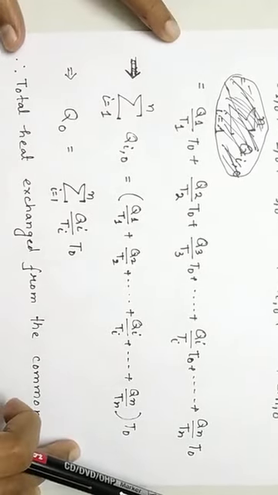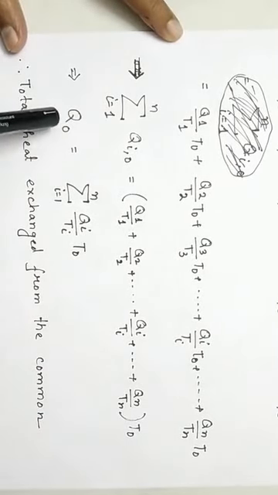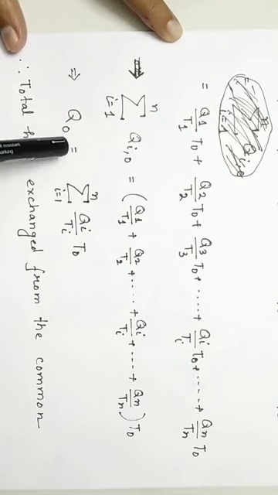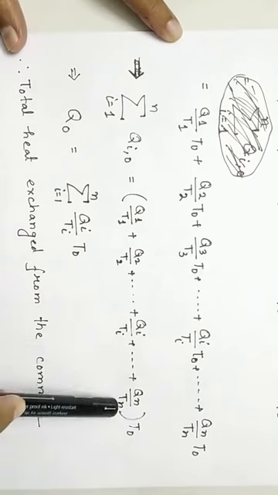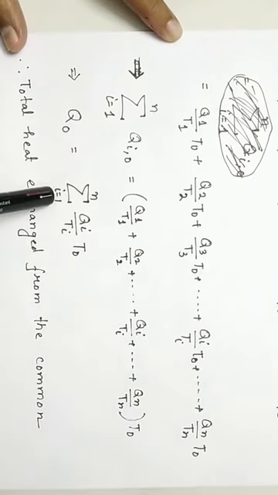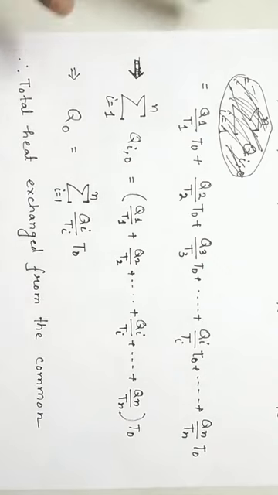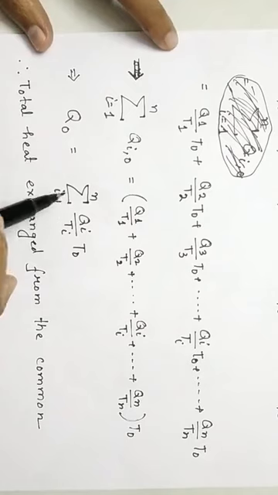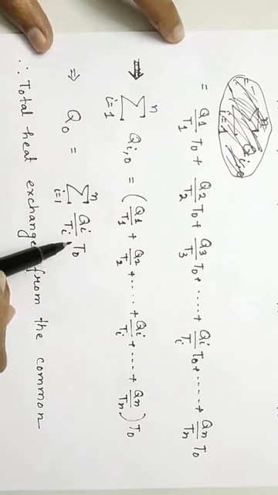So this summation gives us the total amount of heat exchanged with the common reservoir, Q0. Then again you see we can replace this sum by this summation, which is i equals 1 to n of Qi by Ti, into T0.